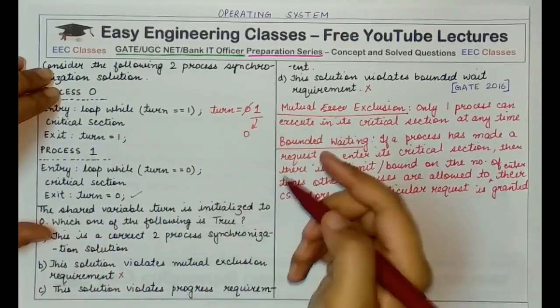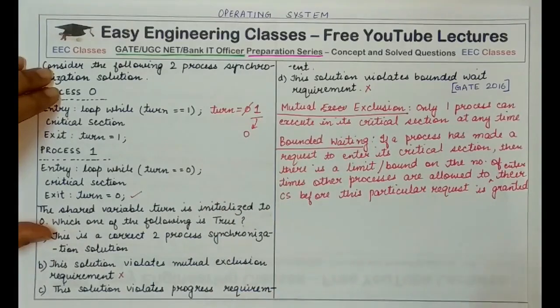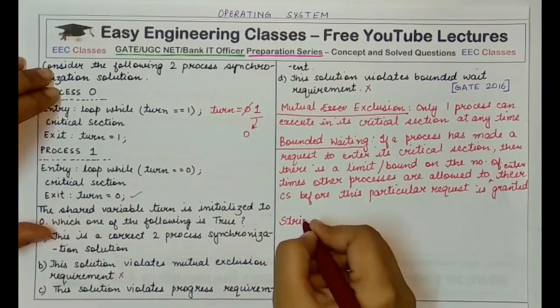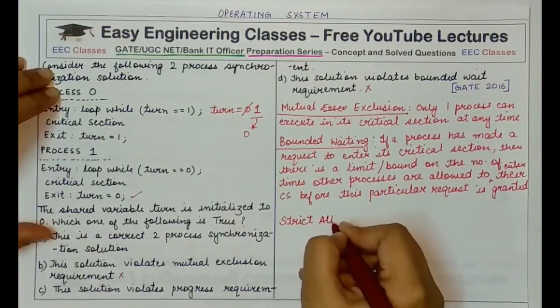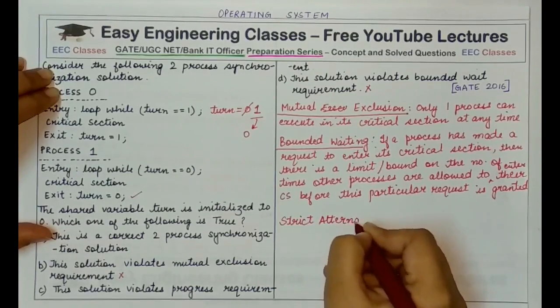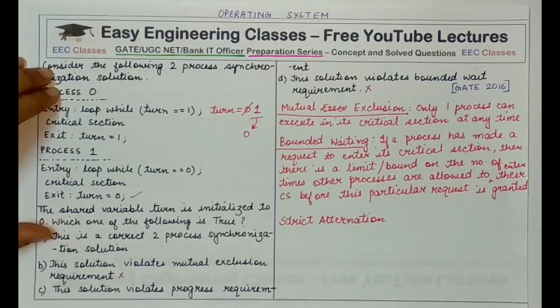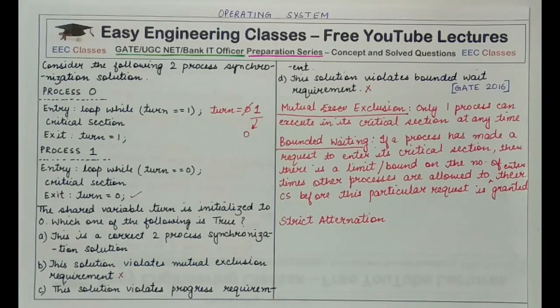And this means that there is a strict alternation between these two processes. So strict alternation means that each process would enter one by one, and this has to be true even when a particular process requires more than one chance.